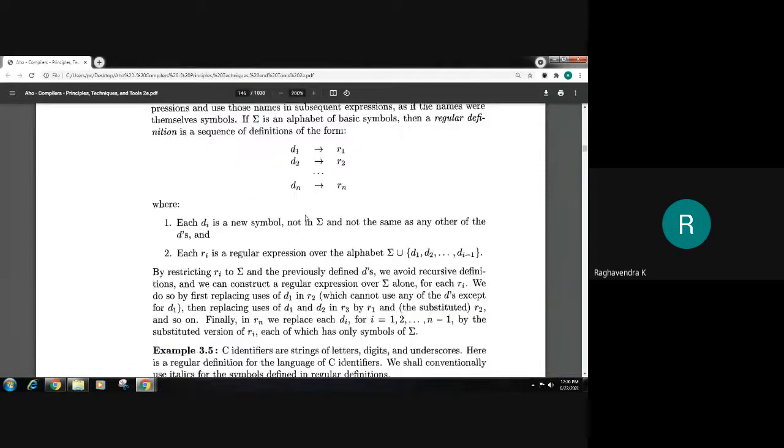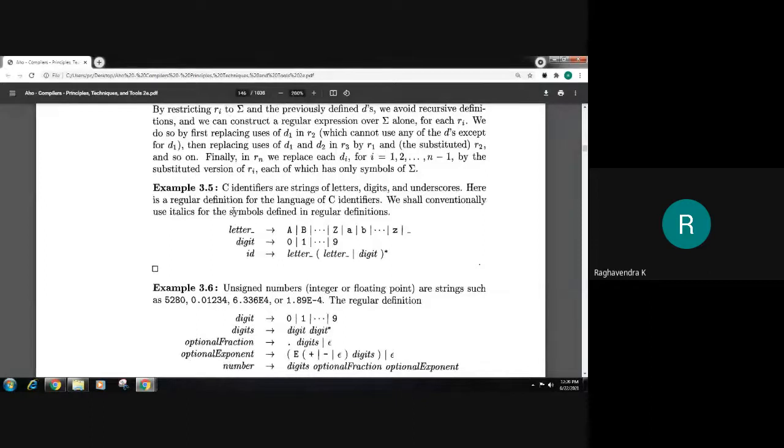Basically, these are names given to regular expressions. For example, as we had seen in the last session, to have a regular expression for an identifier, which is a letter followed by any number of letters or digits, including underscore, we can have the following regular definition.